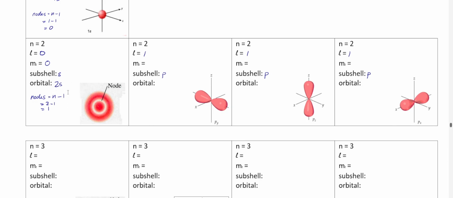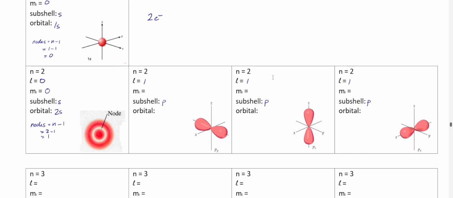Now what we have is the p orbitals, and there's 3 of them, and that's because ML can range from negative 1 to 0 to positive 1. And so there's 3 possible orientations in 3D space. If we look at this, we see that we have one where the antinodes lie on the y-axis.